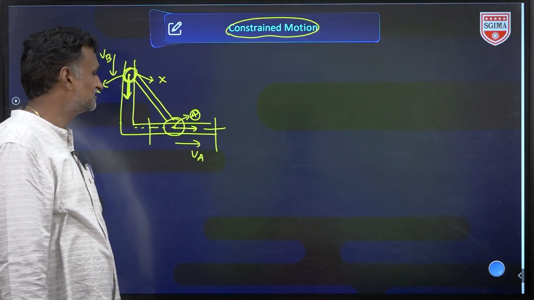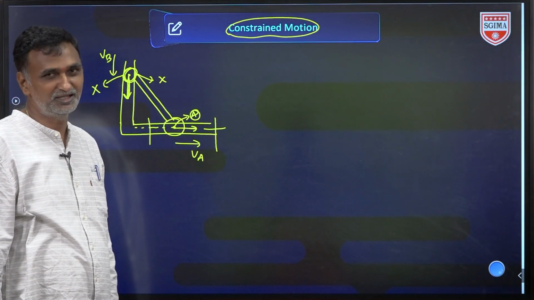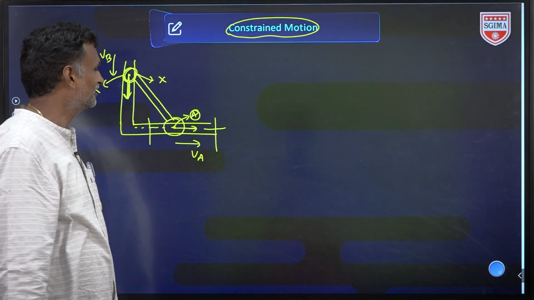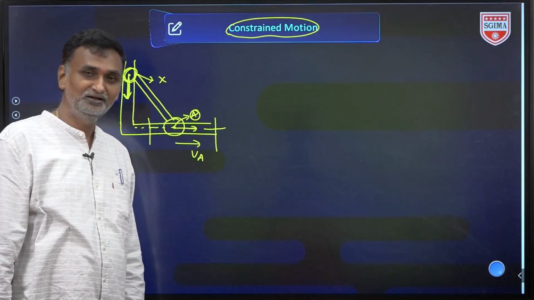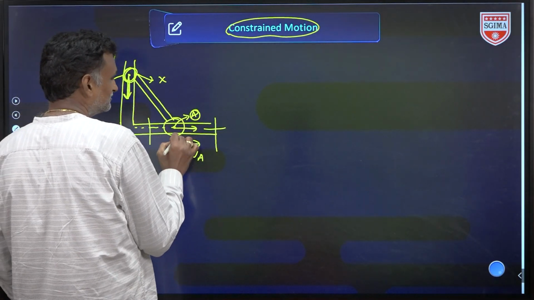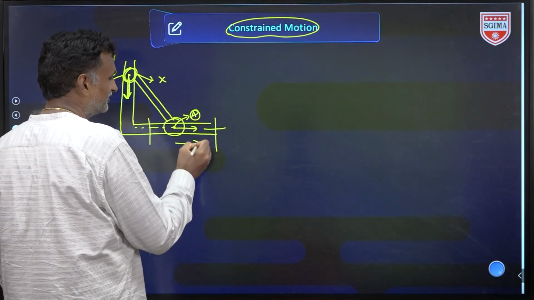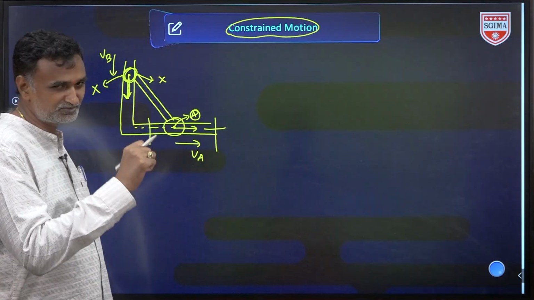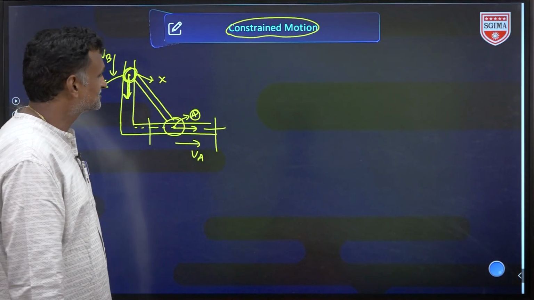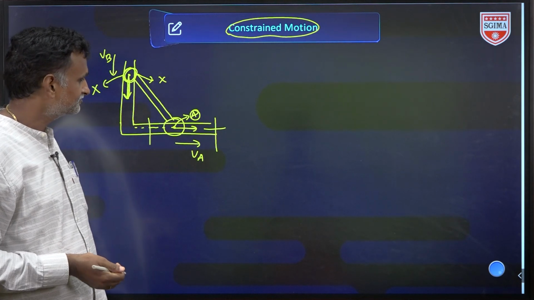These are not the same, just wait for the slide. I will explain how VA and VB are related. In such a type of motion, we need to find the relation among the parameters involved. We will learn this under the part of constrained motion.